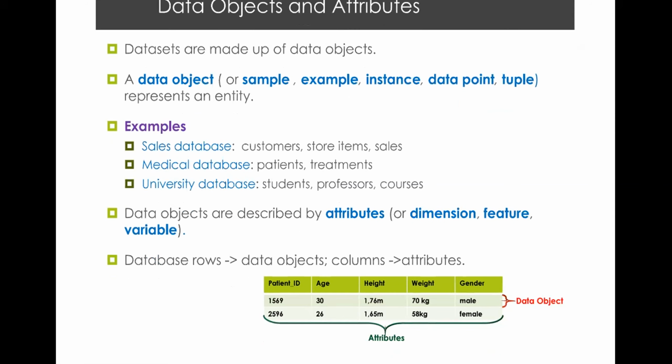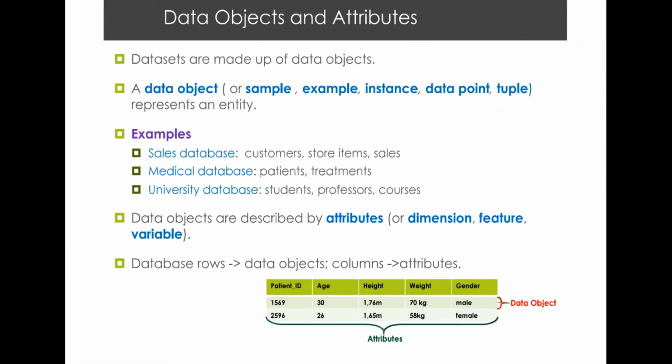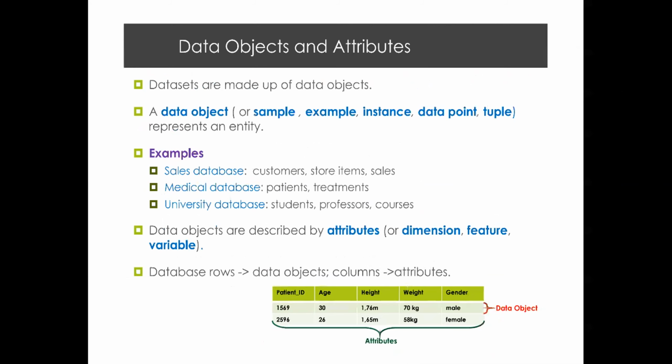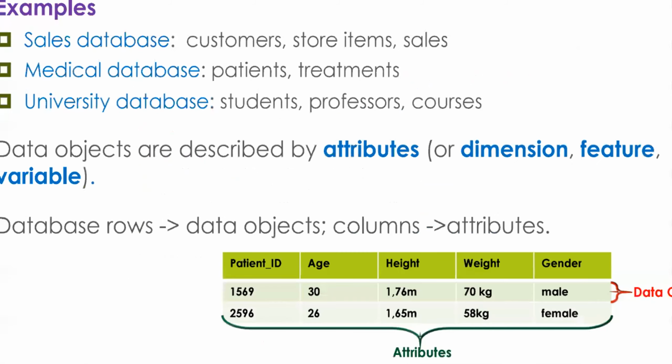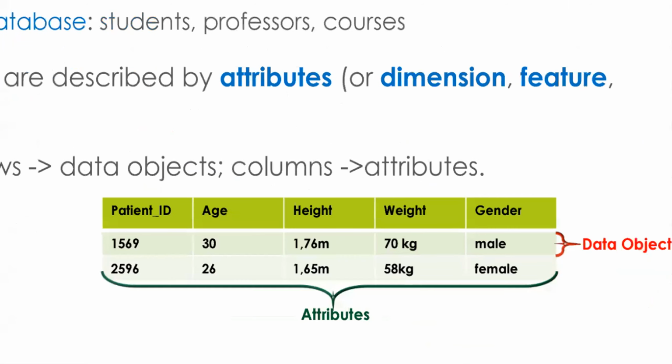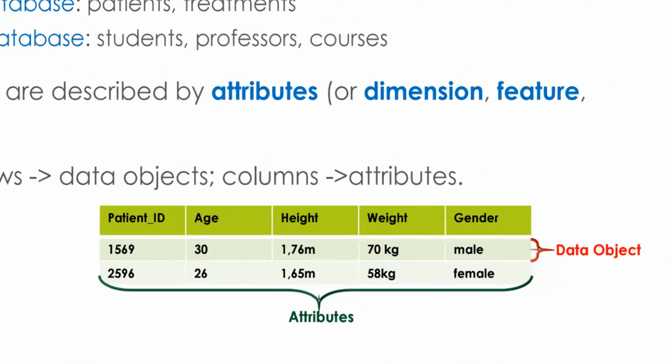Columns you have to represent as attributes. So what attributes are there in a particular table, or in a particular data object? Each record is called a data object. In this entity set, there are a number of data objects. Each attribute you have to represent: patient ID, age, height, weight, gender. These are the attributes.